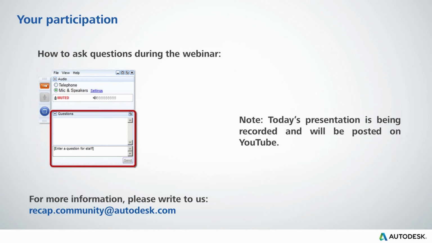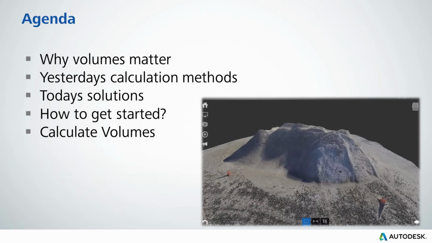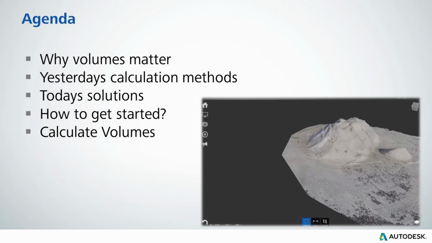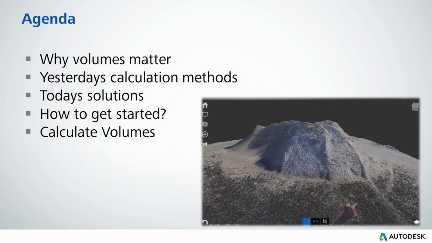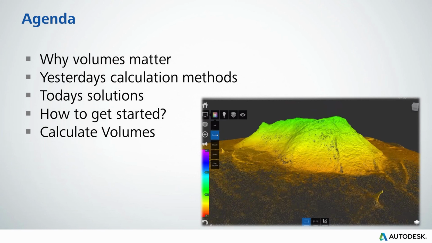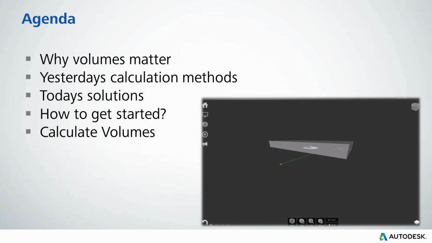So on our agenda today, first of all, we're going to talk about why volumes even matter. Why do we care about calculating the volumes, and why does it matter if they're accurate? We're going to talk about yesterday's calculation methods, or even today's calculation methods for some of you on the phone.